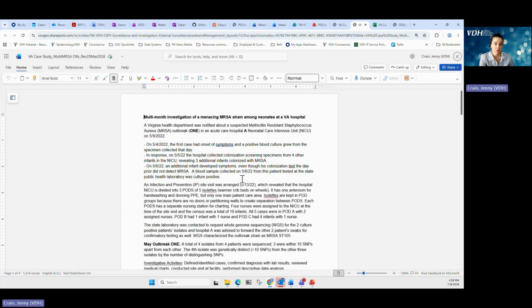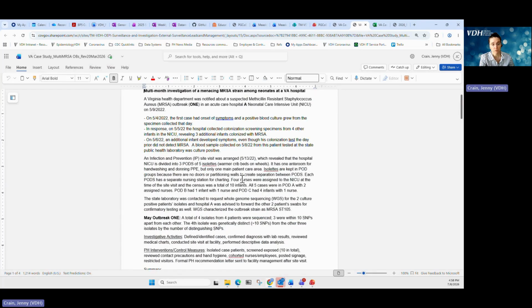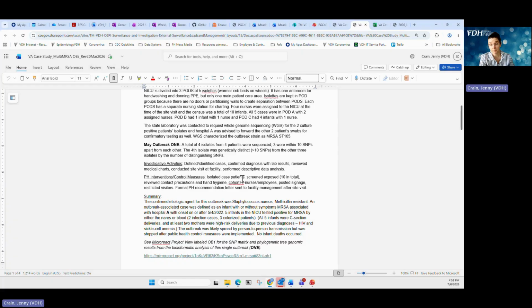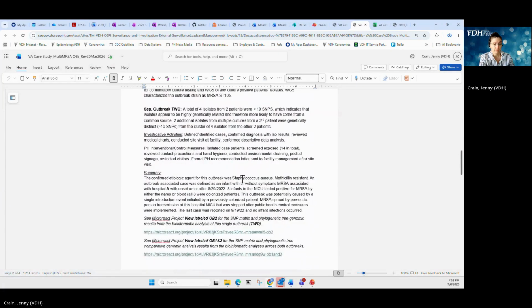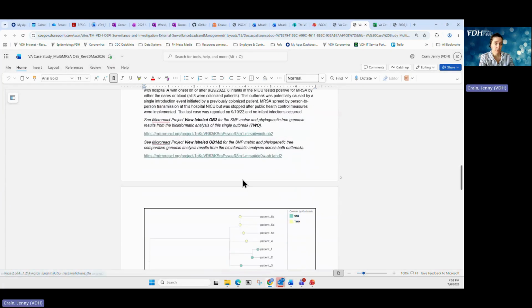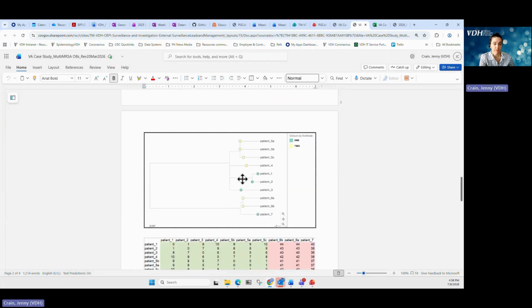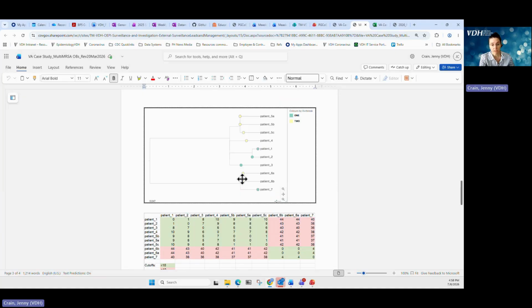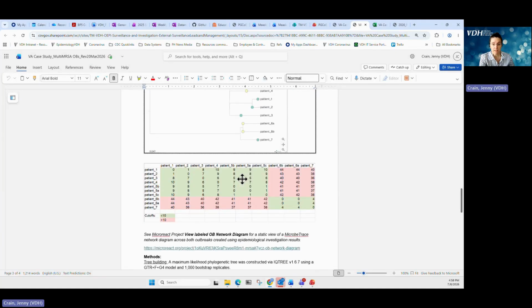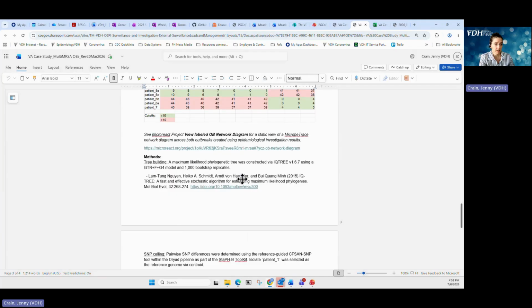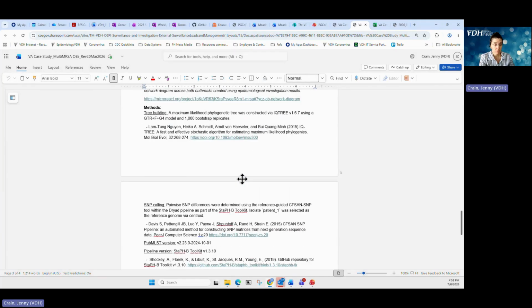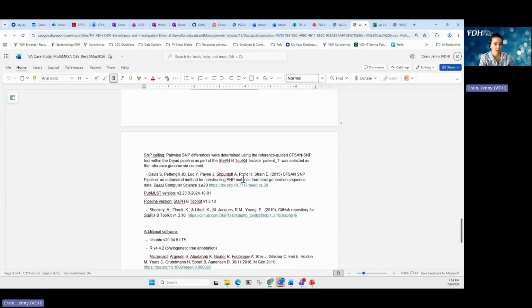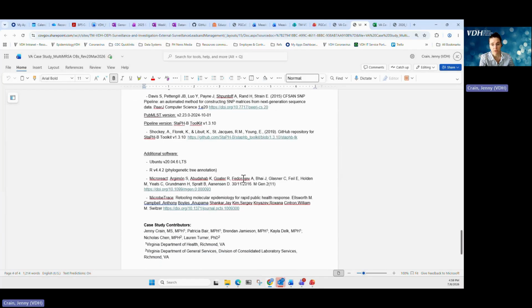The second handout should be a 4-page document that goes through the specifics of each separate outbreak. And it also includes a SNP matrix and a phylogenetic tree for both outbreaks combined, as well as the bioinformatic methods that were followed by our state public health laboratory when they produced these genomic results, as well as some references about the software that were used when creating these visualizations.